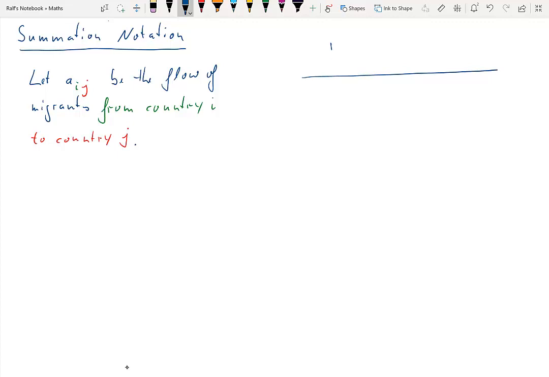So this may sound quite abstract, so let's create a little table. And of course you all know tables, you've all seen Excel. Excel is nothing else but a table. And here we have a particular way of showing what type of data you could have in such a table. We have to differentiate between where immigrants are coming from and where they're going to.